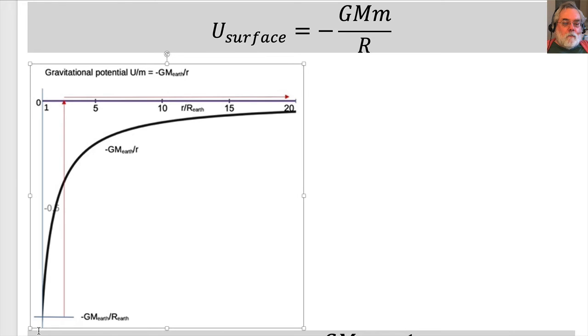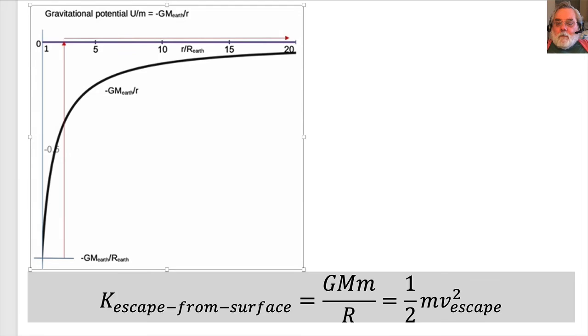We can add kinetic energy until the total gets above the 0 mark, and then we can escape to infinity. From this, we can calculate the escape velocity from the surface, which is independent of the small mass. This is equating the gravitational potential energy at the surface with the kinetic energy.